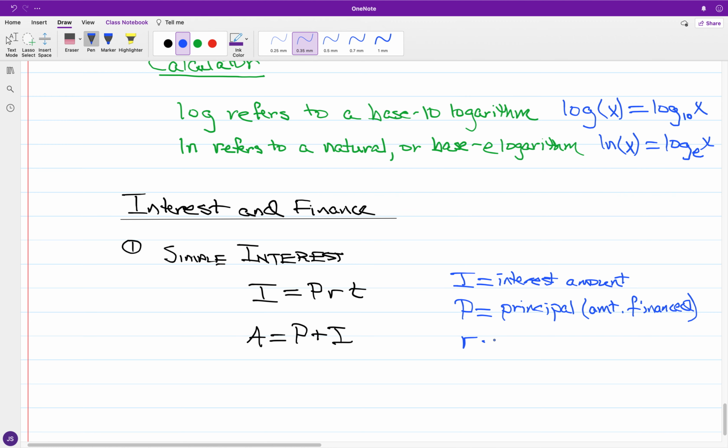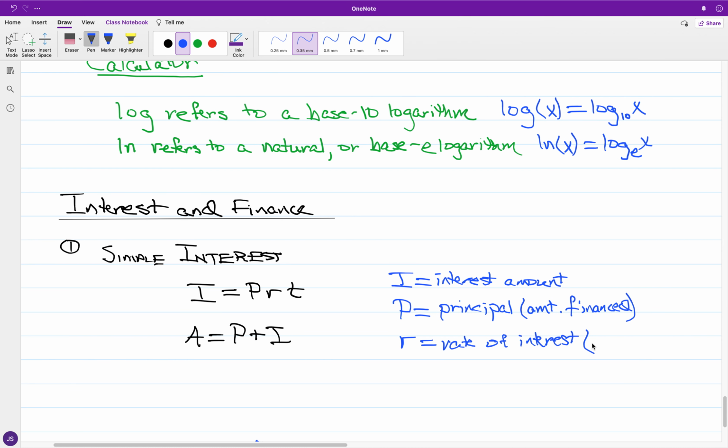R is going to be the rate of interest, and this is going to be displayed in calculations as a non-percent decimal.